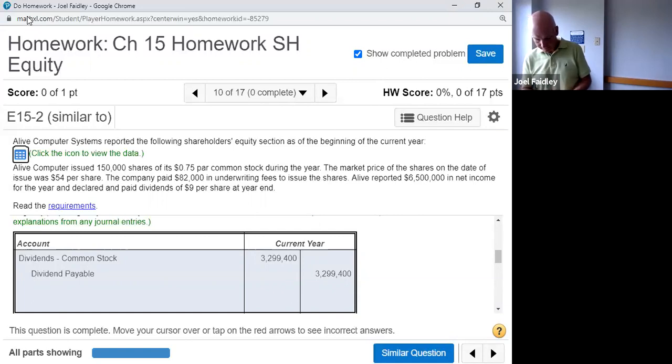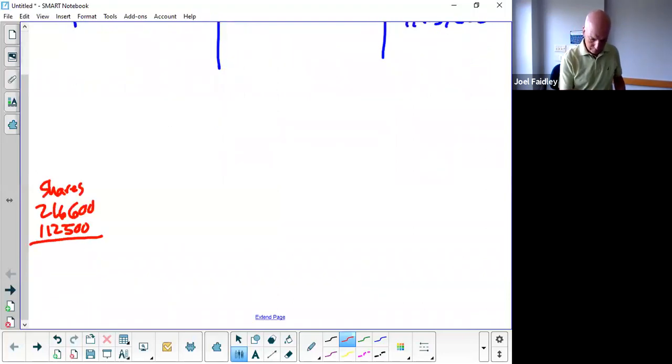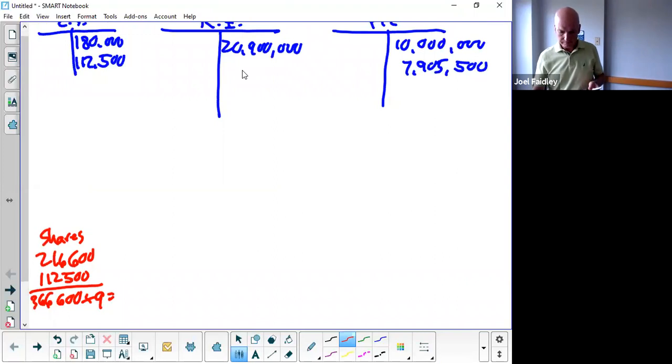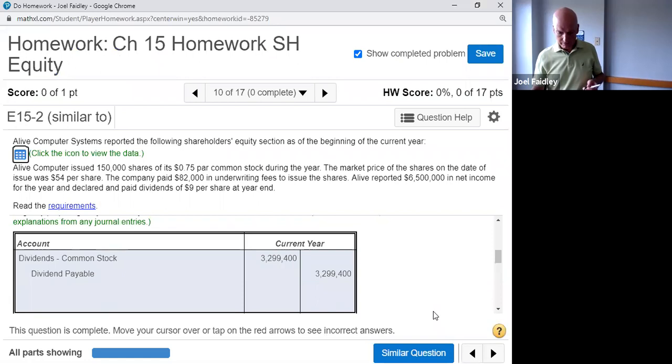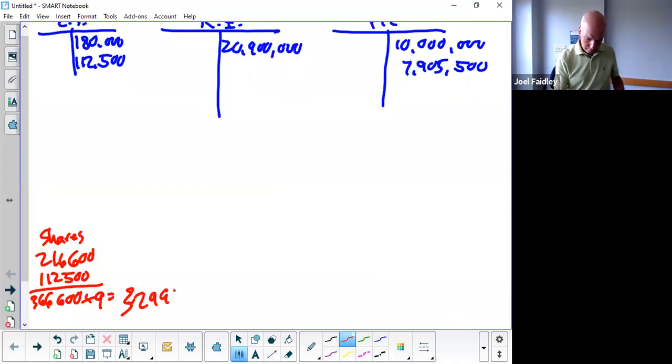I think this calculator's quit on me. 366.6 times $9 was the answer we just looked at, 3,299,400. 366.6 times 9. Got to make sure you get all your shares outstanding.